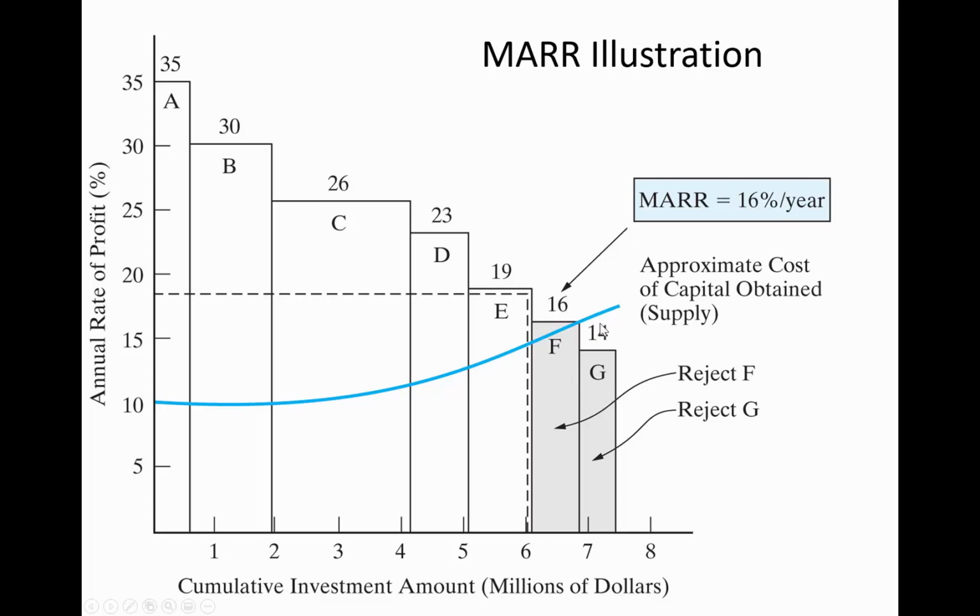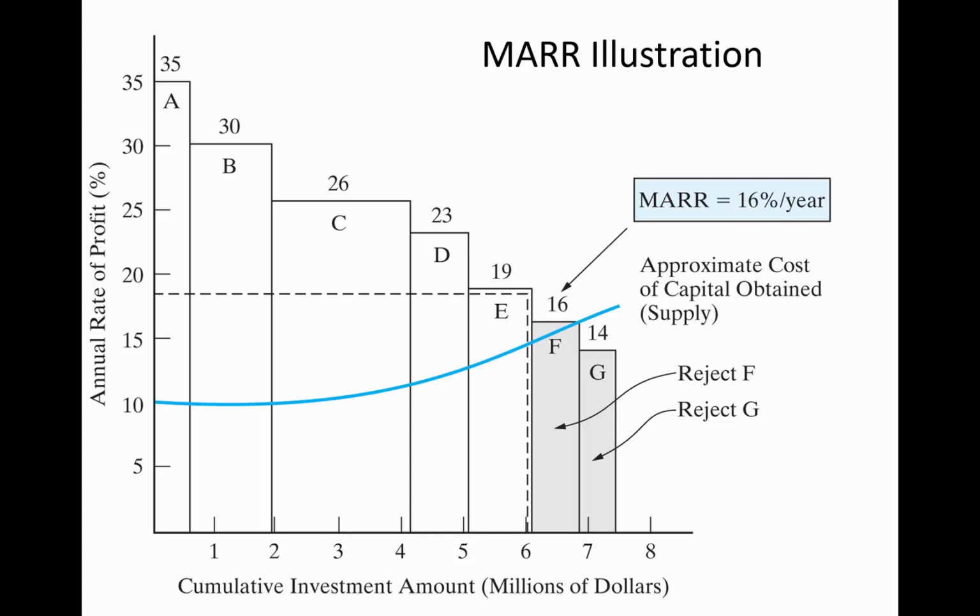That was project G, and it only returns 14%. Projects A through E all share the common characteristic that their rate of return is greater than the borrowing cost. If we were going to finance them by borrowing money, then all of those projects would be acceptable.